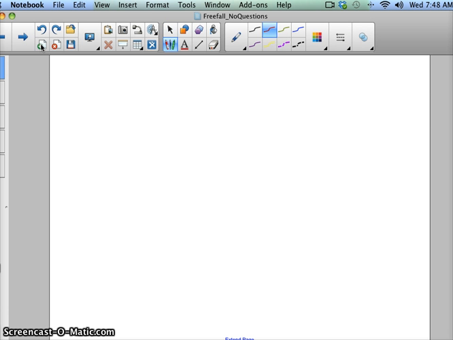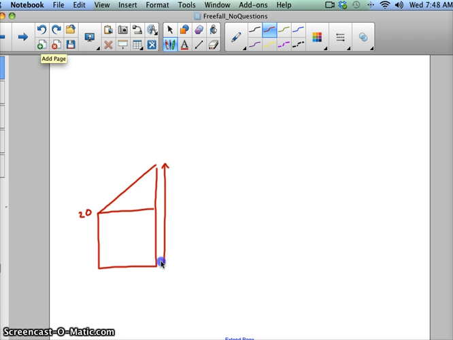So again, we have a shape that looks like this under our velocity time graph. Now, this height was 20. This total height was 60, right? And this was 4 from here to here.